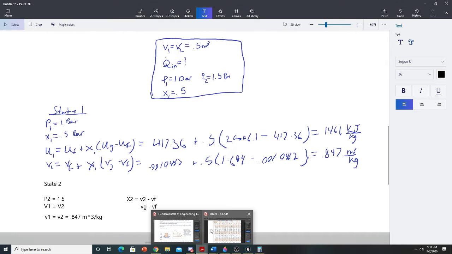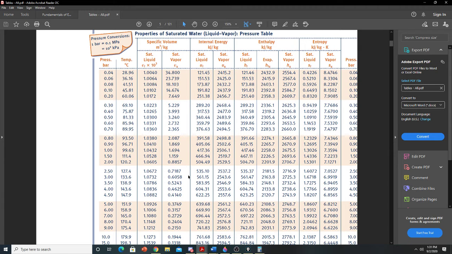So I'm going to go back to the table, and we're going to find that. At 1.5 bar, the vg value is 1.159. Okay, so I'll write this as we're doing it.